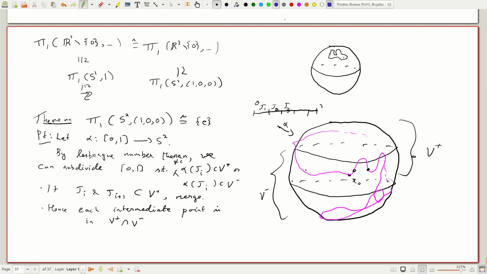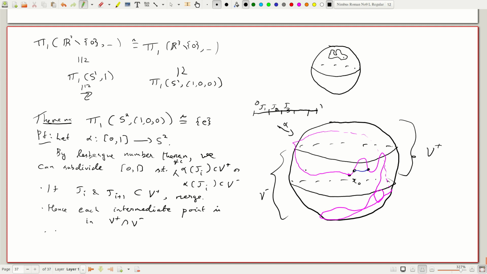Well, then I can find an arc in the equator, and homotope it to beta i, hence it is in V plus and V minus. This is the intermediate point. So both of these endpoints are in the equator.